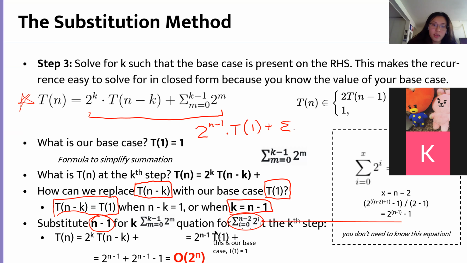We know t of 1 is equal to, I believe it was 1. And then we get this. If you look over here, they actually give you this because you don't need to memorize the summation rules once again. It'll be plus 2 to the n minus 1 minus 1. So that's how they get this right here.